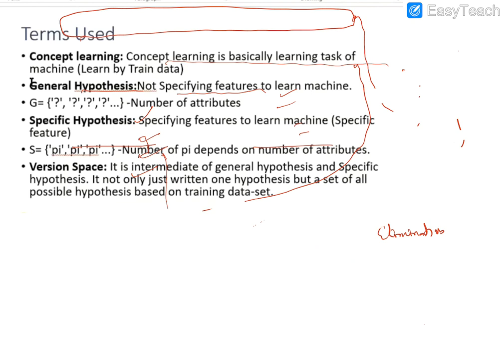Phi is the symbol used to represent the specific hypothesis, and question mark is the symbol for the general hypothesis. Version space is the intermediate between the general hypothesis and the specific hypothesis. Whatever data lies between the specific and general is represented with the help of the version space. Okay, and then we can continue the discussion.